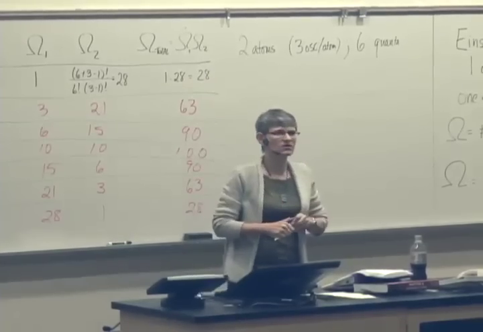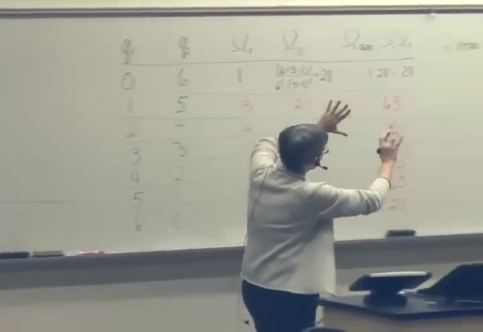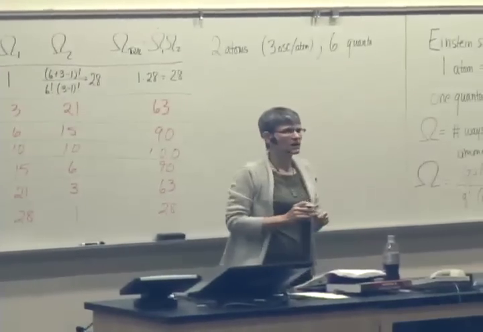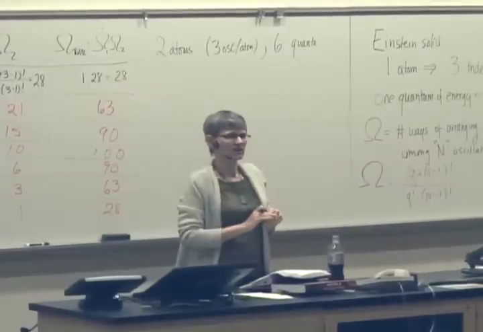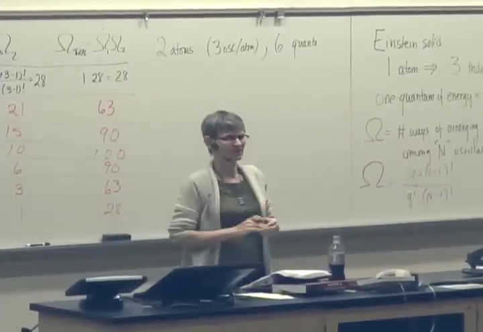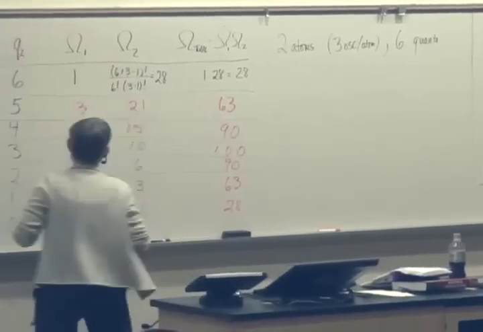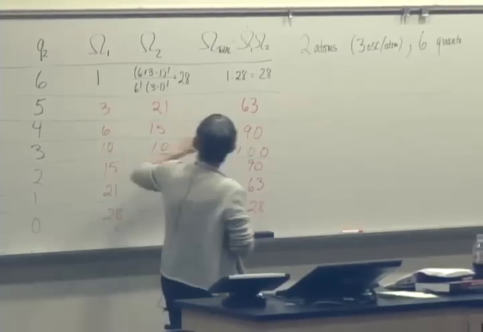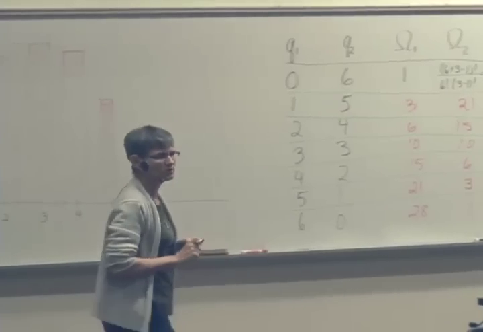What this means is that suppose you have these two atoms and you take a snapshot of them every second for a year. And when you take the snapshot, you write down how much energy is in atom 1 and how much energy is in atom 2.